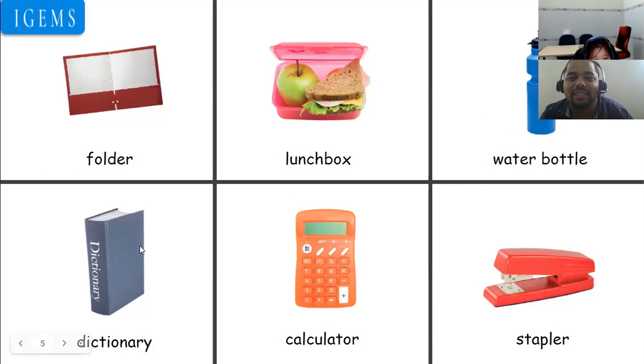Dictionary. Let's repeat it one more time. Dictionary. Okay, very good. Then we have calculator. Calculator. Okay, very good.